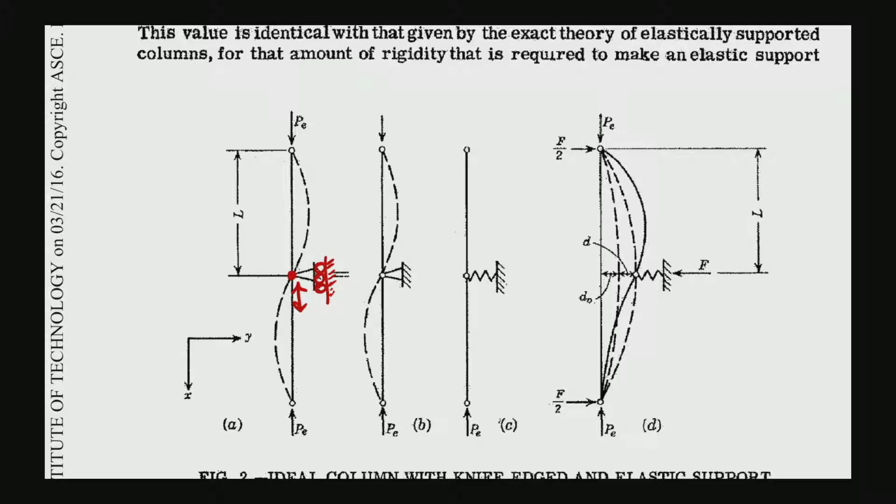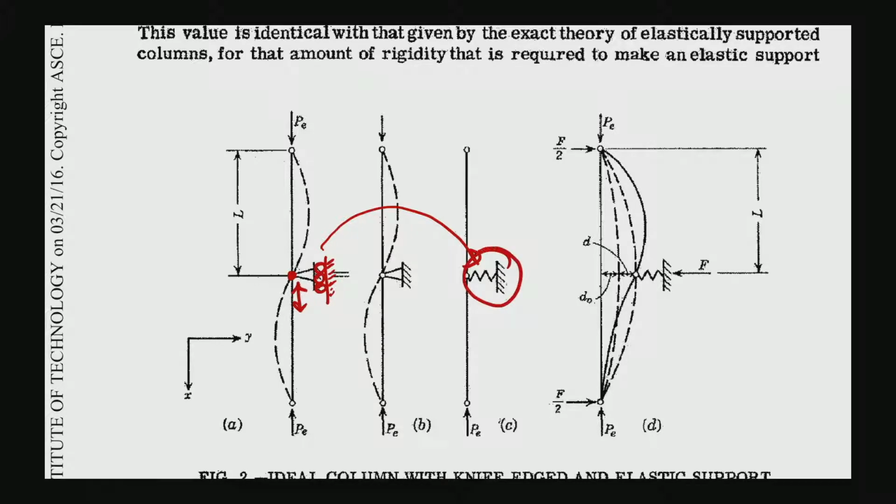So only the x direction displacement will be restrained. But in reality you do not get this roller, which is like a rigid roller support. You have a spring support in reality.